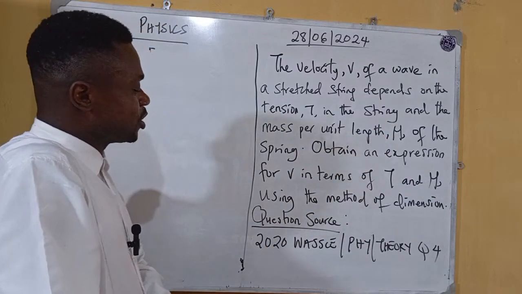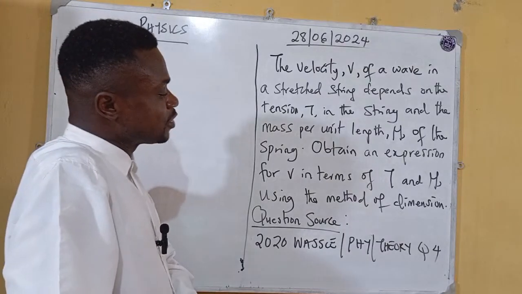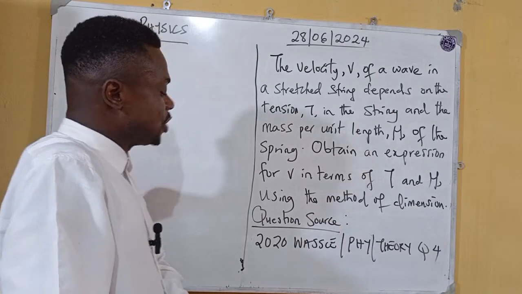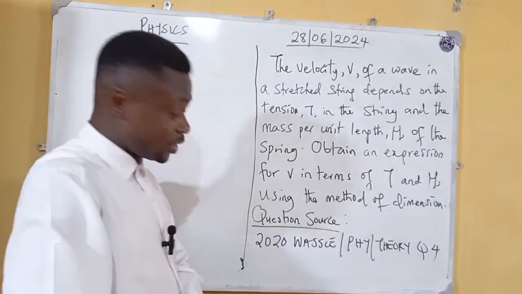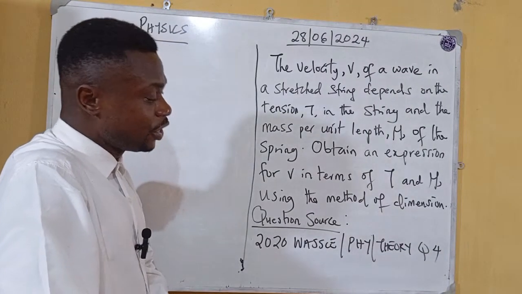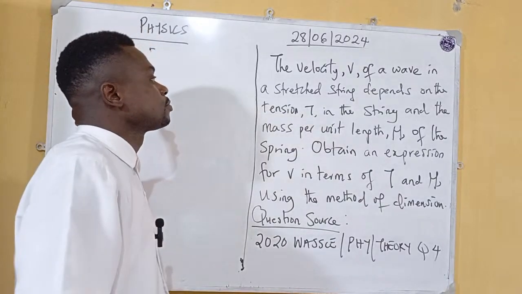Obtain an expression for V in terms of T and mu using the method of dimension. The question source is 2020 WASSCE Physics Theory Question 4.